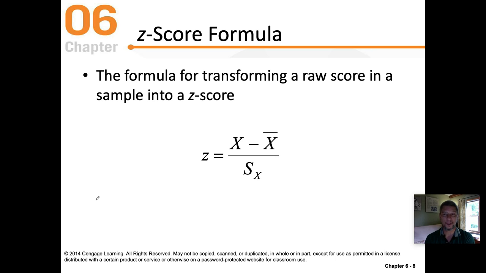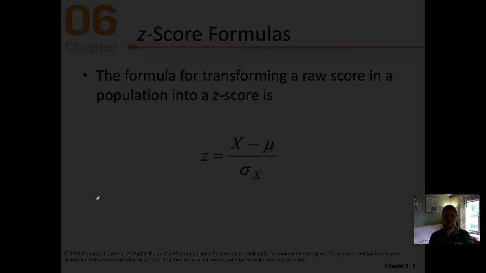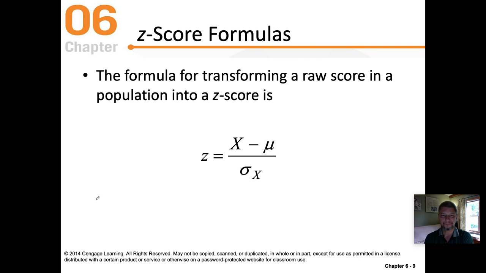X bar represents the mean of the entire data set, including Binky, Biff, and Sluggo. And then finally, s sub x represents the standard deviation of this particular data set. So z equals x minus x bar all over s sub x.